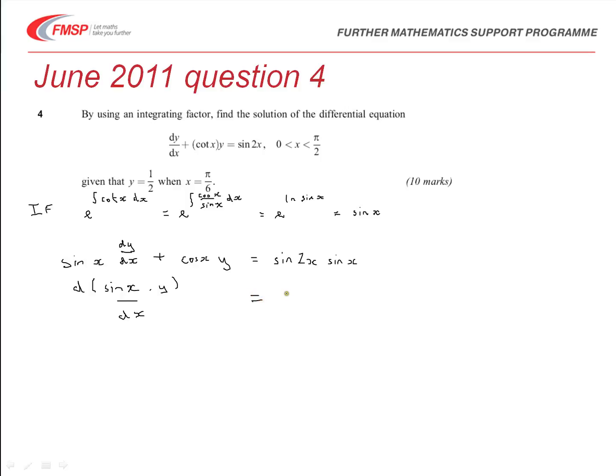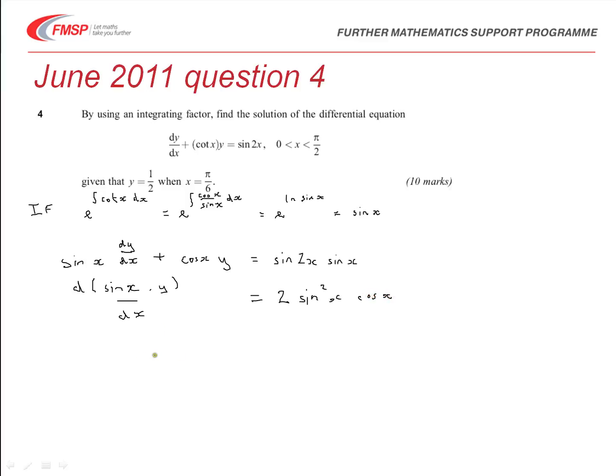On the right hand side obviously we've still got the sine 2x, but at some point now we're going to integrate both sides, and integrating the sine 2x sine x we're going to need to change the sine 2x using the double angle formulas. Sine 2x is twice sine x cos x, so this is going to become twice sine squared x cos x.